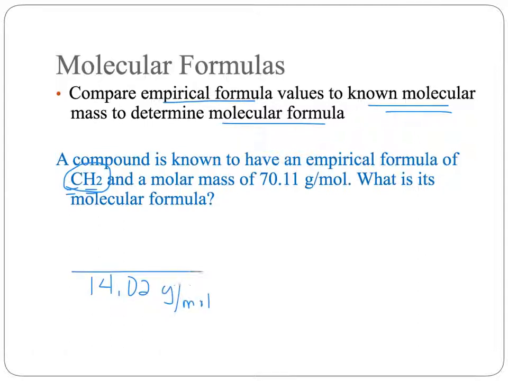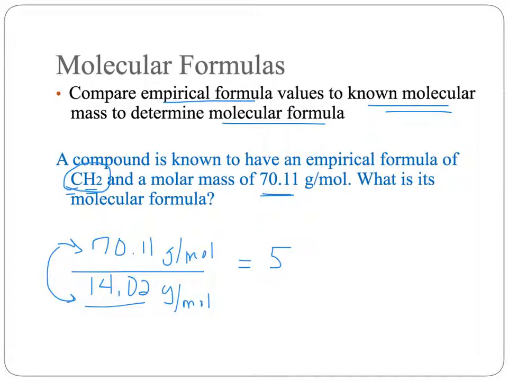And we would use that with our 70.11 grams per mole to calculate how much larger, we're trying to find a factor of increase, the ratio between the 14, that would be just one molecule of the empirical formula, and the molecular formula, which represents really how many carbon and how many hydrogen are present. So if we take 70.11 and divide it by 14.02, we get a number of 5.